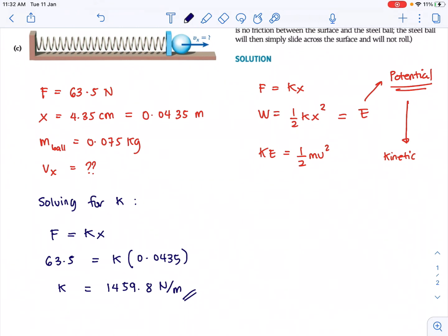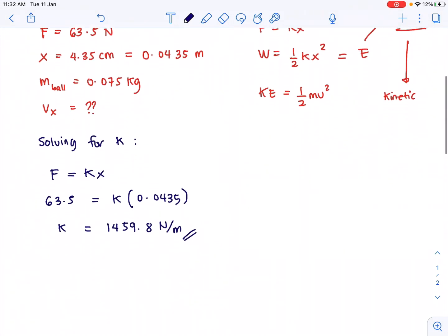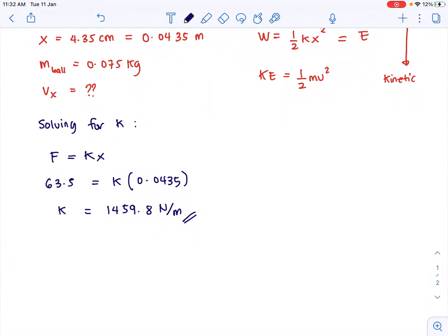Okay, so we would use this K, the spring constant, to solve for the energy that is being transferred into the ball. Once again, the work done on the spring is equal to the energy transferred, which is 1/2 kx squared.